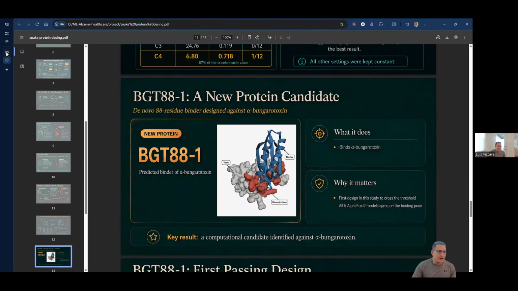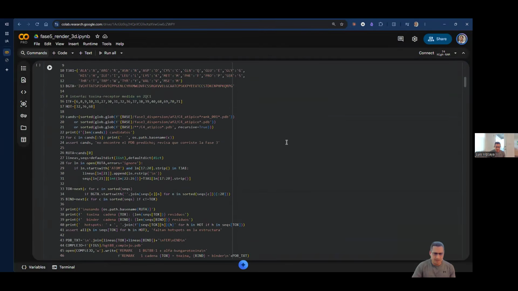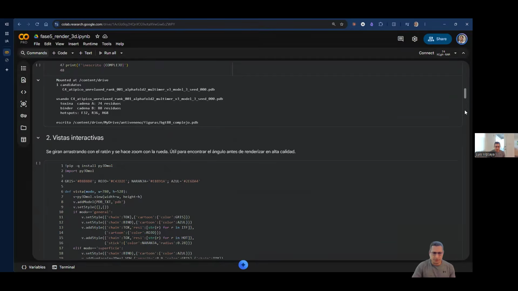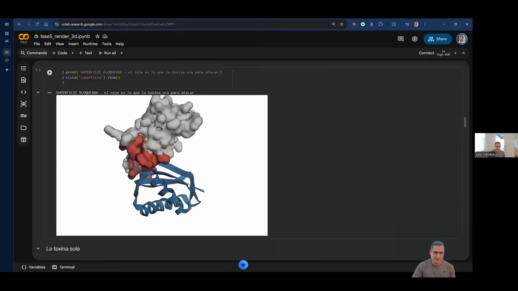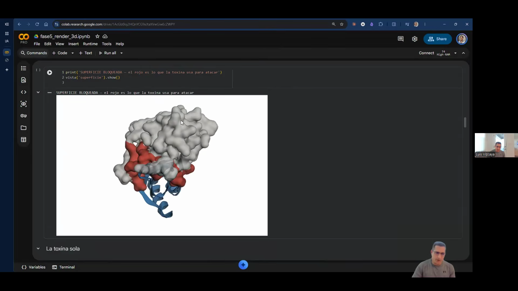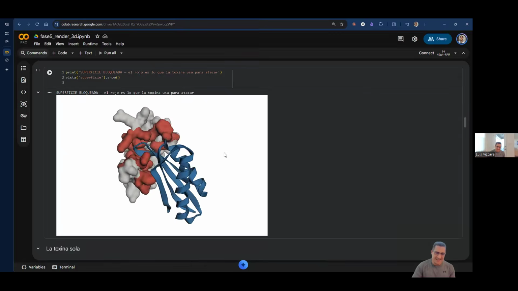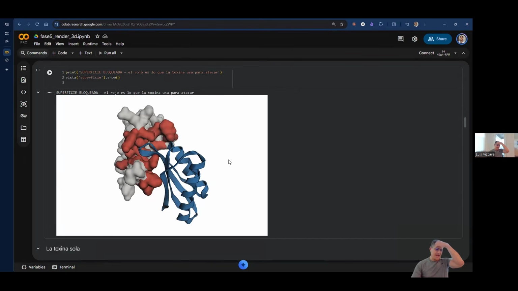I can show you here how it looks. This is how it looks in 3D. The gray one and the red one is the toxin. The blue one is the protein I designed.